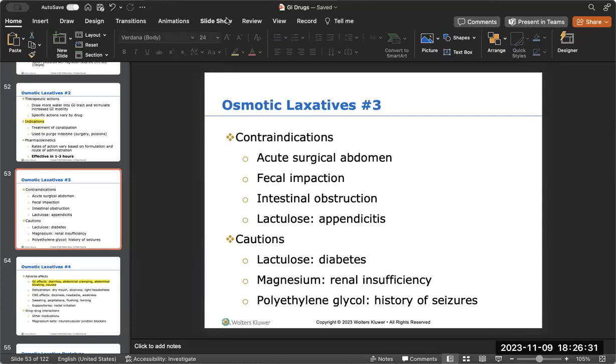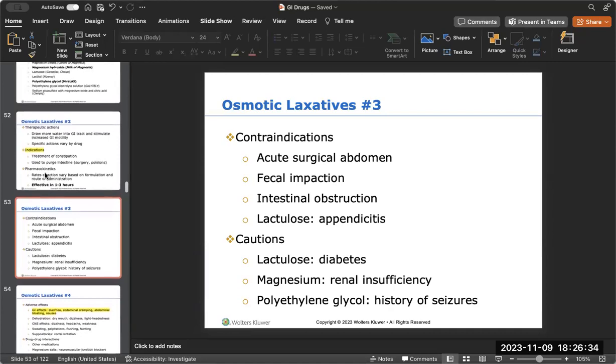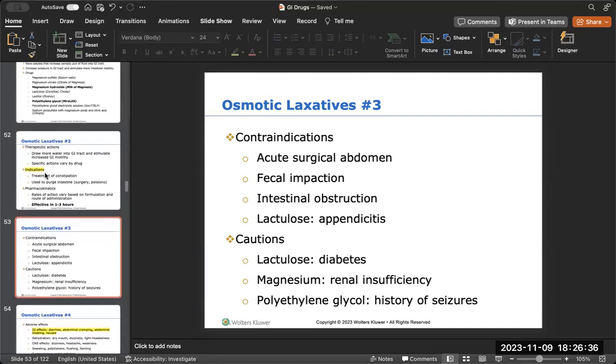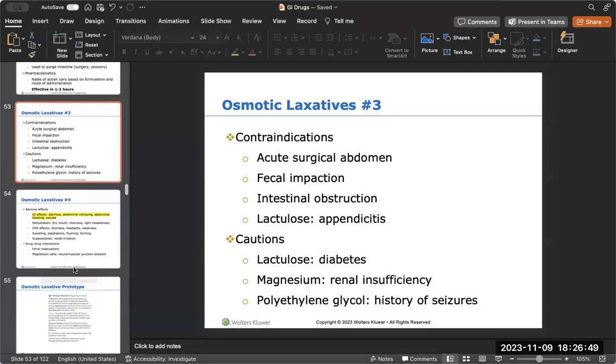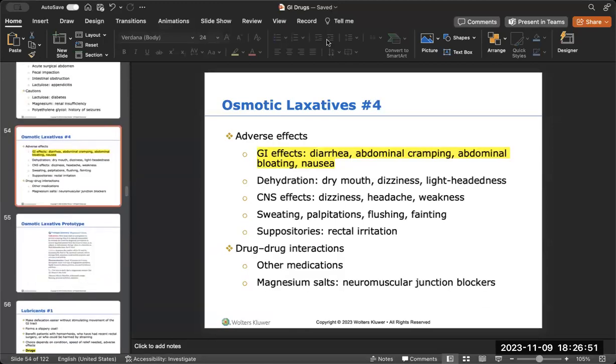I wouldn't get too much into it. With most of these drugs, just know how to identify them and what they're used for, because most of them are used for constipation. Pretty much all of them cause GI effects and CNS effects. So there's not much you need to memorize beyond knowing which ones are which. Once again, CNS effects, GI effects, same thing, okay?